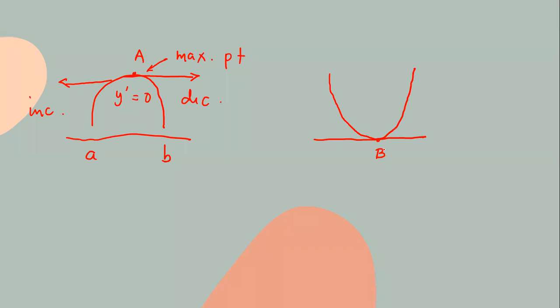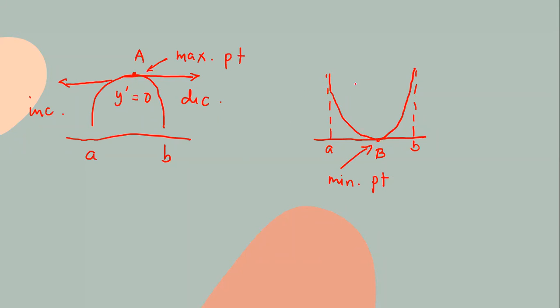Okay, this one is your point B. This one is your B. Okay, remember that this one is your minimum point. This is the minimum point. This one is the maximum, therefore this one is the minimum point. Okay.